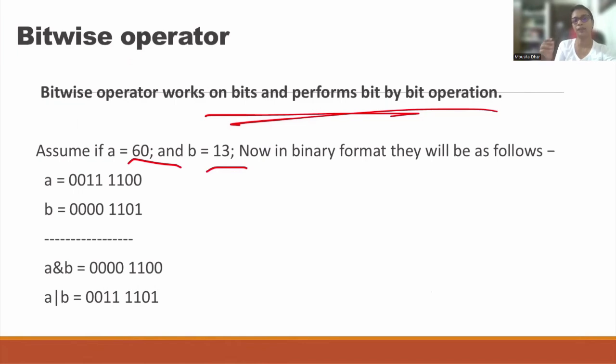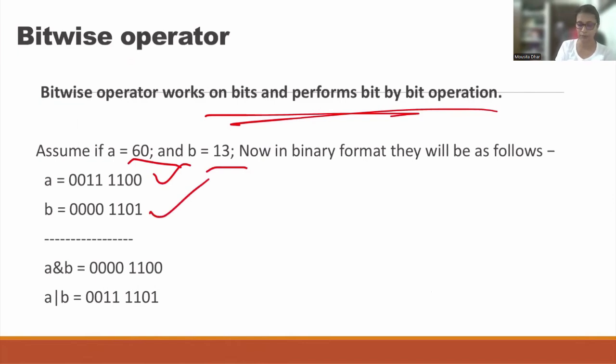If we want to use the bitwise operator, the first thing we have to do is convert this A and B, this 60 and 13, to bits, in the sense 0 and 1. Right. So for this also there are some rules, that is mathematical rules. You can go through this separately. So what I have done, I have converted 60 to 0 and 1 and this became this. Converting 13 to 0 and 1, this became this.